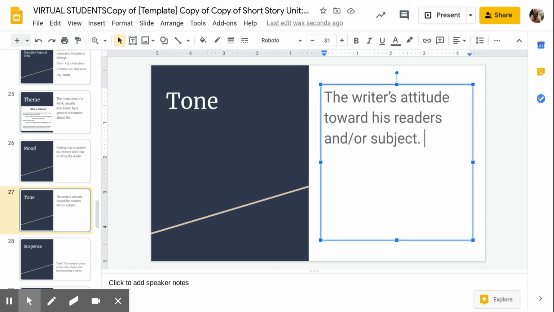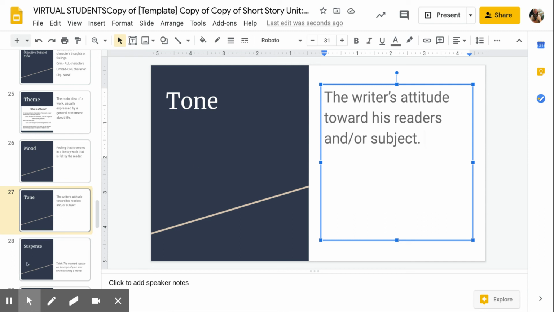They might raise their voice or say something snappy or quick. But in text, you have to be observant and be looking for it. You have to try to get the feeling of the writer's attitude toward his readers or the subject they're writing about. How does the writer feel about his readers or about the subject he or she's writing about?